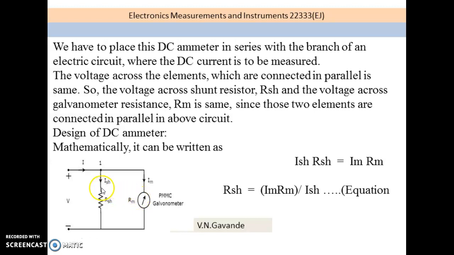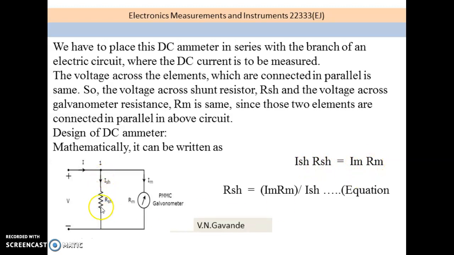In this circuit, it is very easy to design now. Designing means finding out the value of RSH, or the formula for RSH. Mathematically, we can write ISH RSH equals IM RM.